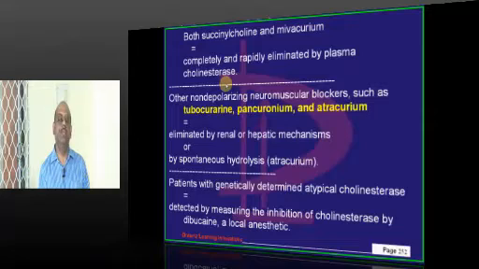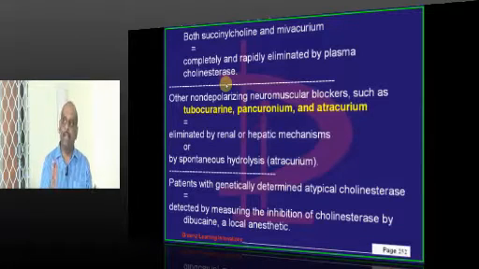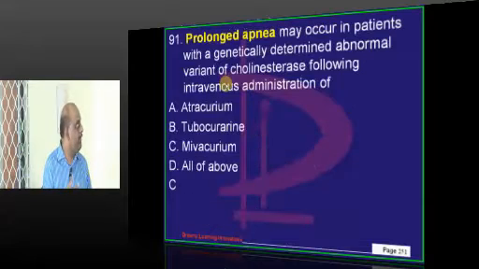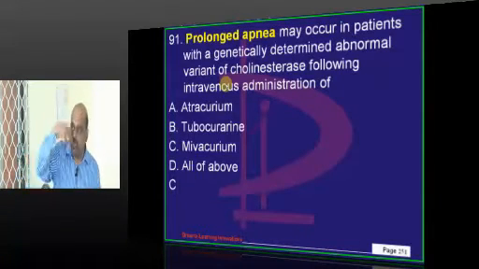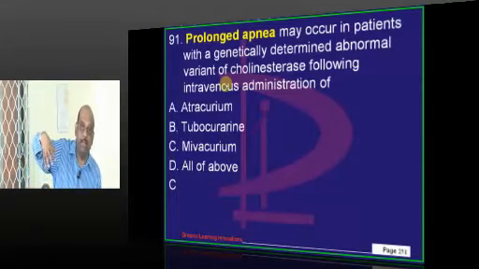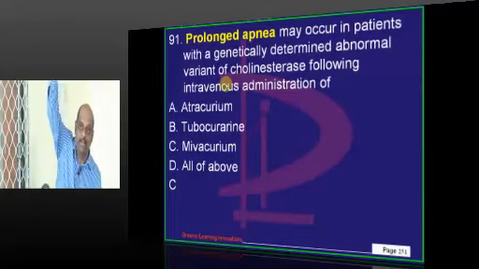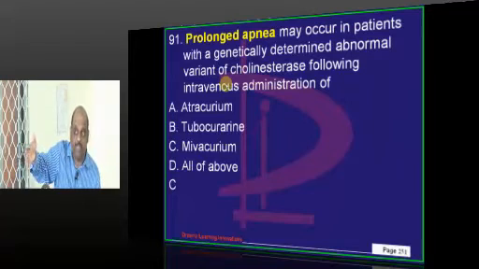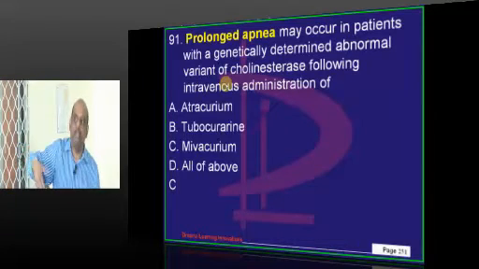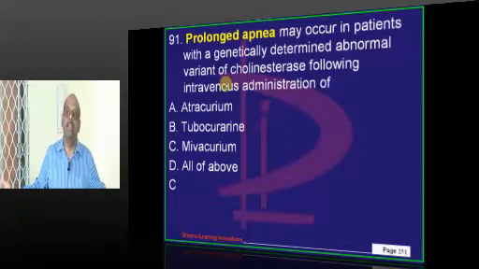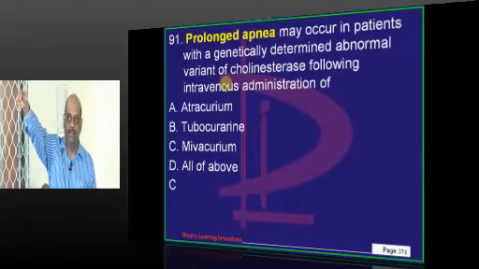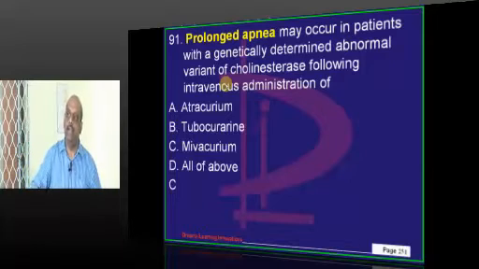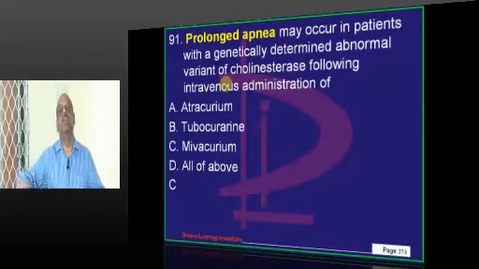But there are some communities which are recognized with low pseudocholinesterase levels. In them, mivacurium and succinylcholine won't be metabolized. So if you use them to relax the muscles, muscles remain relaxed a little longer. If you are not prepared for that as an anesthetist, the patient will go into ventilatory arrest. So you need to prolong the Ambu support a little longer in them, because their ventilatory relaxation will be a little longer.